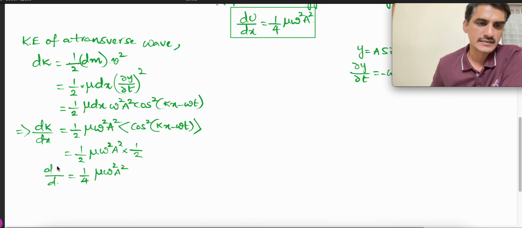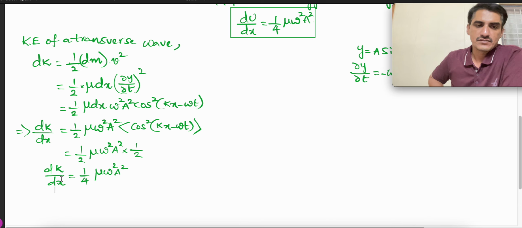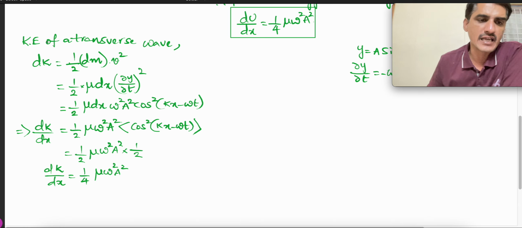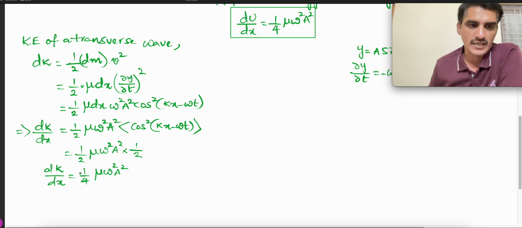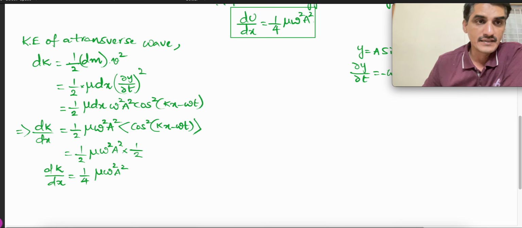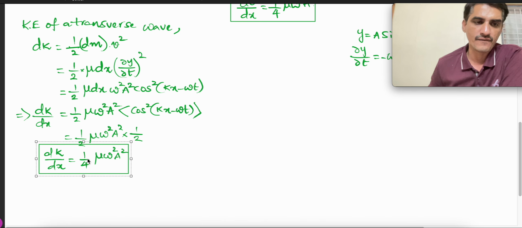So we have got the dk by dx. Again, this is also the same we have got. Observe this carefully. Same equation we have got. Whatever the equation of du by dx, the same is the equation of dk by dx also. Am I right or not?